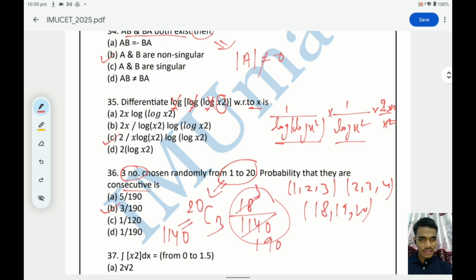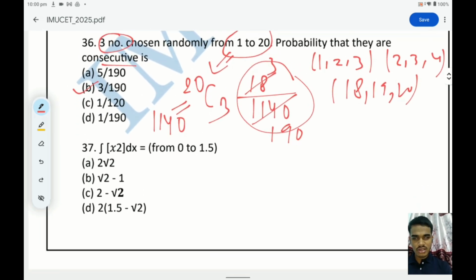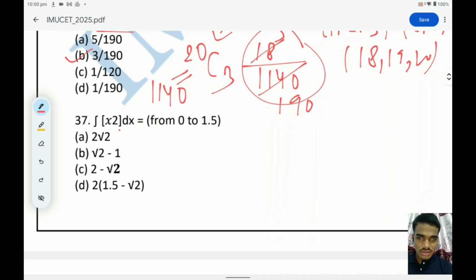Now for question number 37. This is the greatest integer function. Its value is always an integer. This is known as the greatest integer function, and it is the greatest integer function of x square, with limits 0 to 1.5.